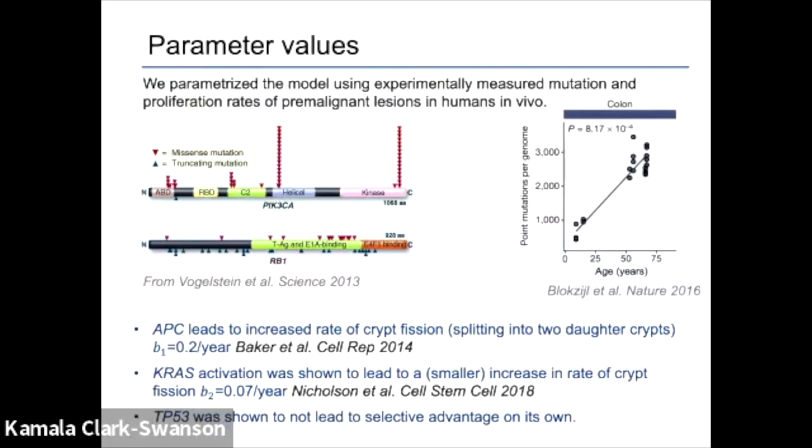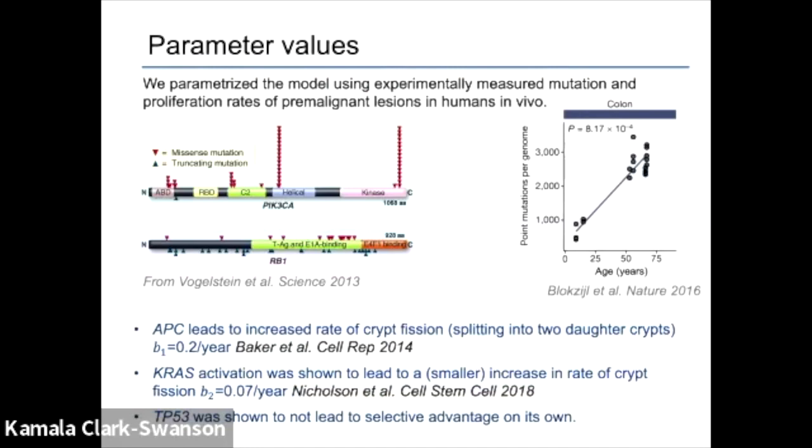And the final parameters that we need: some of these mutations and changes will lead to selective advantage. The selective advantage that we are most interested in is in the form of crypt fission. We were lucky that in the past decade or so, groups have measured the rates of crypt fission due to APC inactivation.